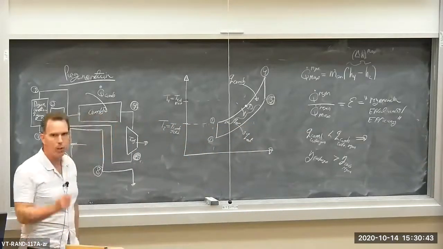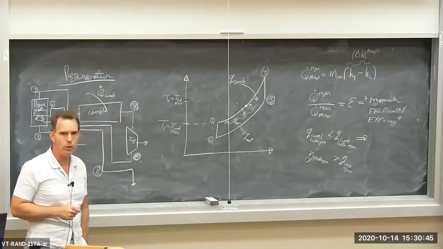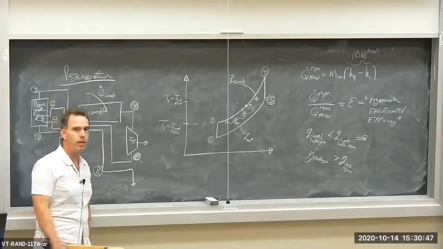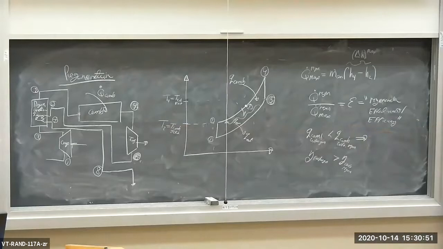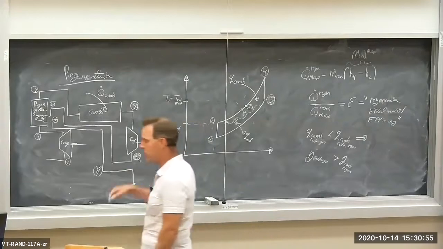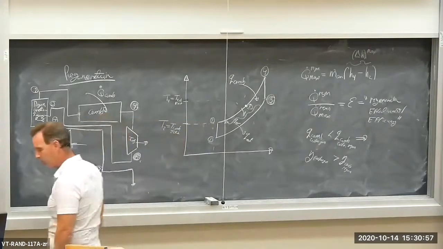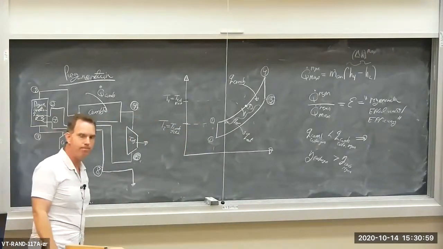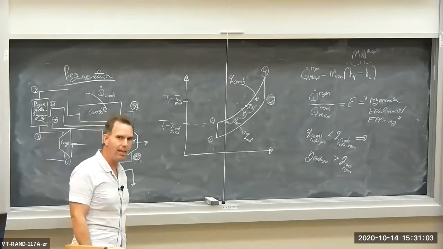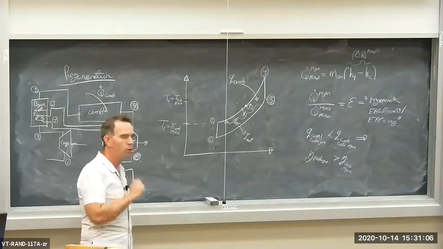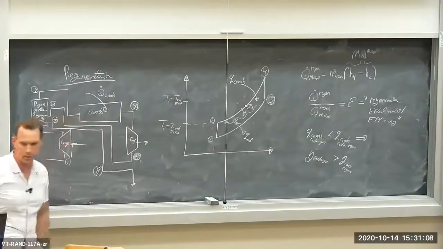And by the way, doing multi-stage compression and expansion tends to increase the amount of heat you can add or recycle in a regenerator. I've only done this for single-stage compression and expansion, but adding multiple stages of compression and expansion can result in an increase in the amount of heat you can recycle in a regenerator.